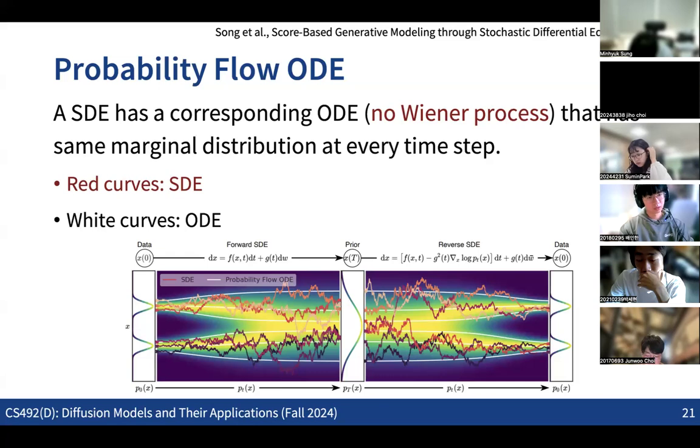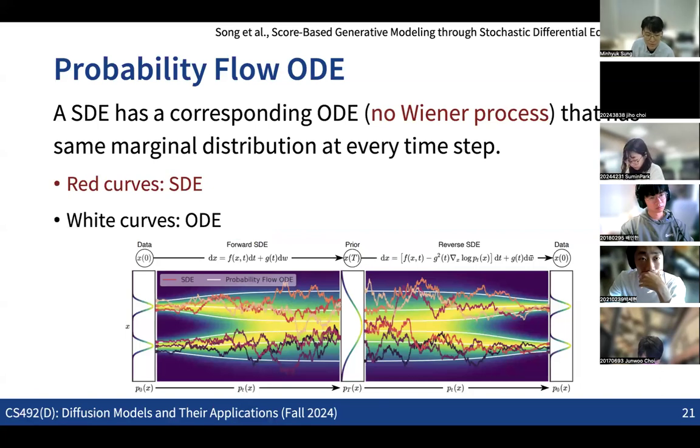As you can see, these red curves are jiggling over time because of the stochasticity. But the white curves here are generating trajectories using the ODE corresponding to the given SDE. Since the marginal distribution of x_t matches the ones of the SDE at every time step, instead of solving the SDE, we can consider solving the corresponding ODE, which is also called the probability flow ODE.